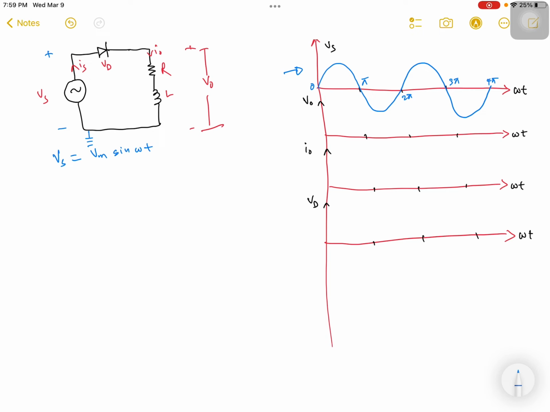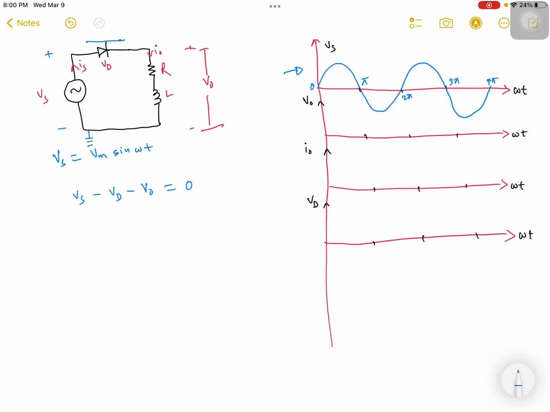So this diode will act as a short circuit. Now if you apply Kirchhoff's voltage law, it will be Vs minus the voltage drop across the diode, Vd, minus the voltage drop across the load. Here across the load we can represent it with V output, and then it will be equal to 0.